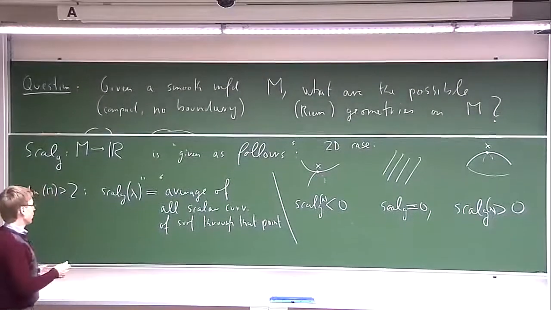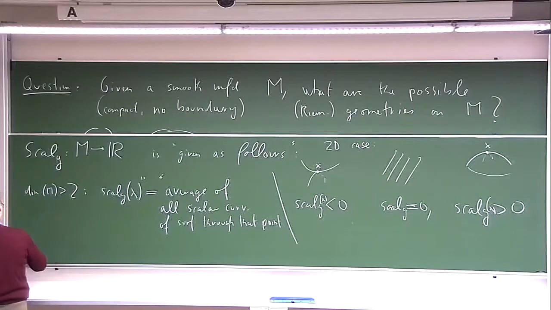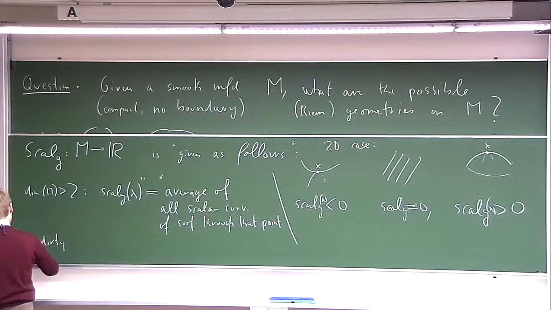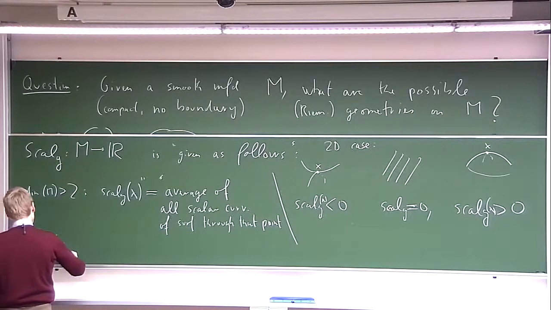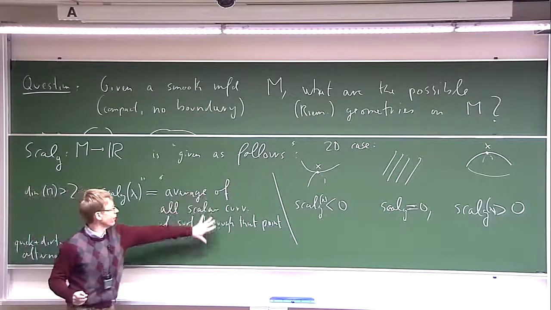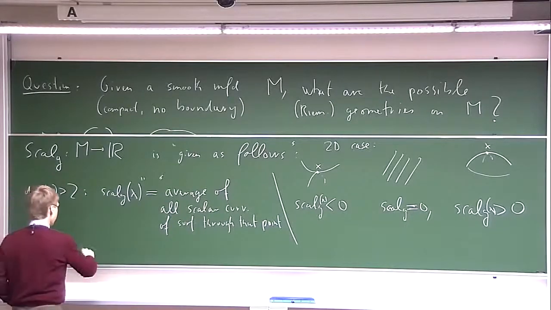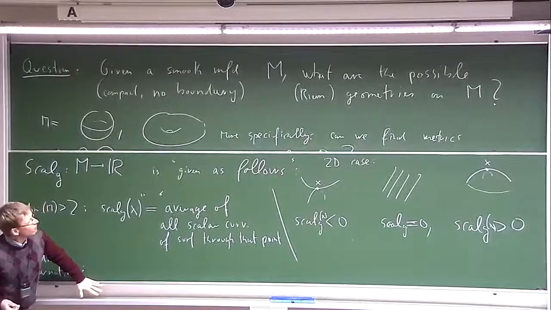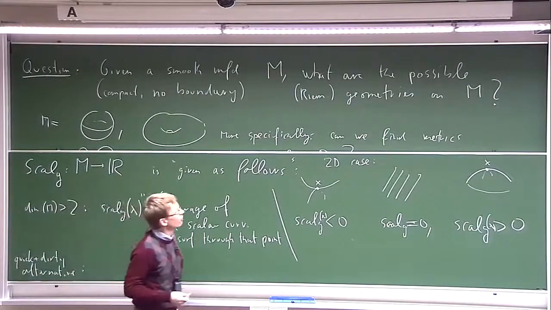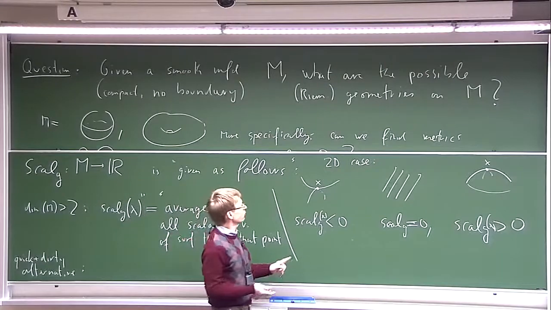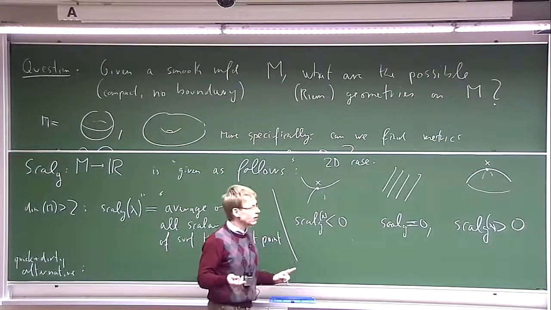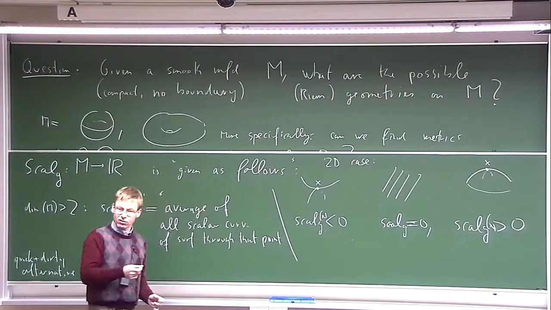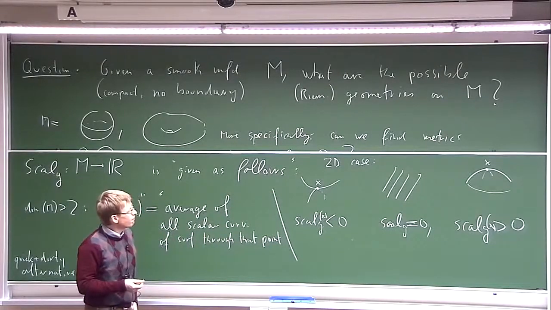You can make this precise in many different ways. You write down the curvature tensor and you contract it twice, or you average, which of course means you integrate something. But I could also give you a quick and dirty ad hoc definition, which is really a certain proposition that this definition gives rise to. And again, this is something we can see here. If you have a Riemannian metric, we know it's good for many things. In particular, it's good for measuring distances, right? The distance between 2 points is given by the length of the shortest curve between those.